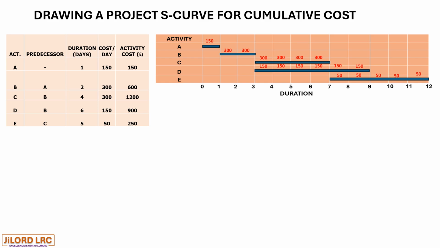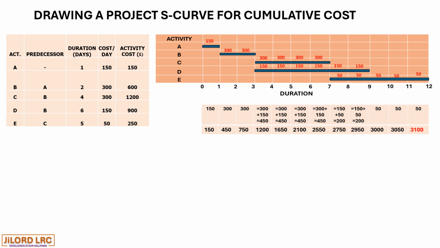I would also present the daily cost and the cumulative cost as we have learned in the previous lesson. The total cost is 3,100 based on the accumulation of all the activity costs.